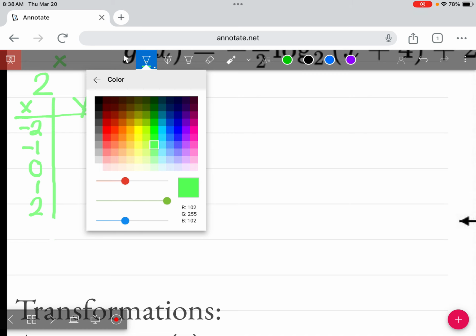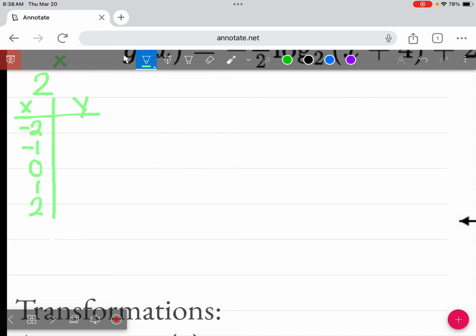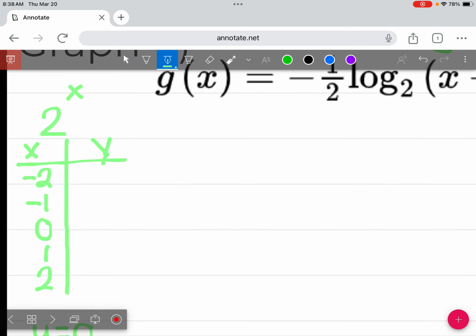Exponential functions have an asymptote at y = 0. And our y values for our 2 to the x, we're going to have our 1/4, our 1/2, 1, 2, and 4.